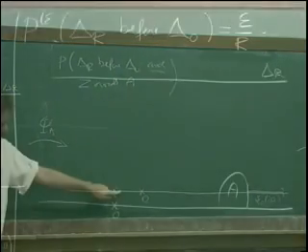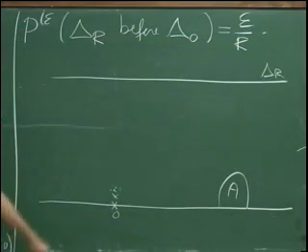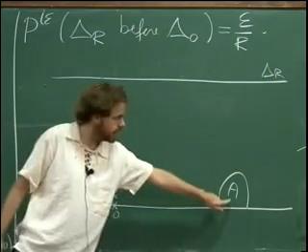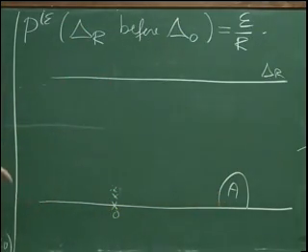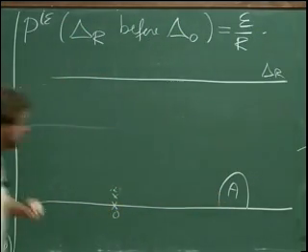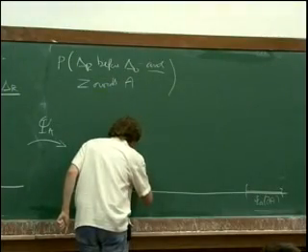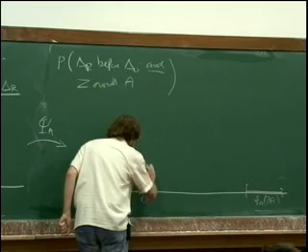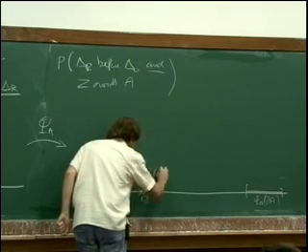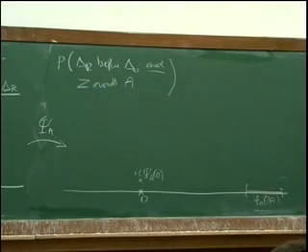Epsilon is much smaller than A and much smaller than the distance between 0 and A. I'm allowed to do that because epsilon will go to 0 eventually. So i epsilon is mapped to something that is like i epsilon times psi prime A of 0. And psi prime A of 0 is positive, and we know that psi A is smooth around 0 by the Schwarz reflection as before.